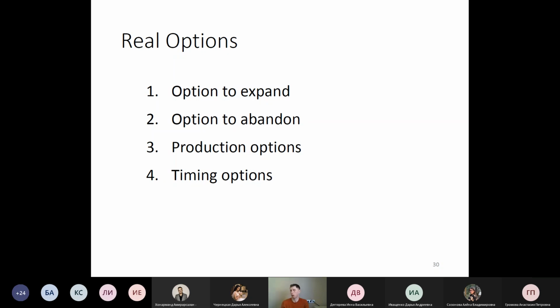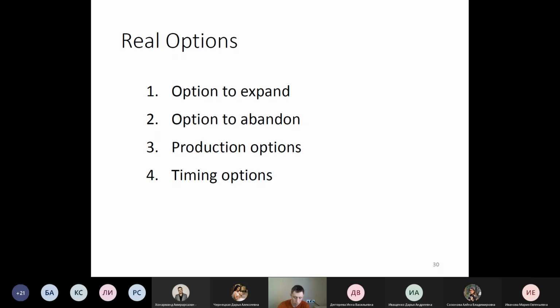So, for example, we can rent some production facilities in order to be able to increase production volumes if necessary. In this case, it is called the production option. So, to have the option to produce more if necessary, and so on.